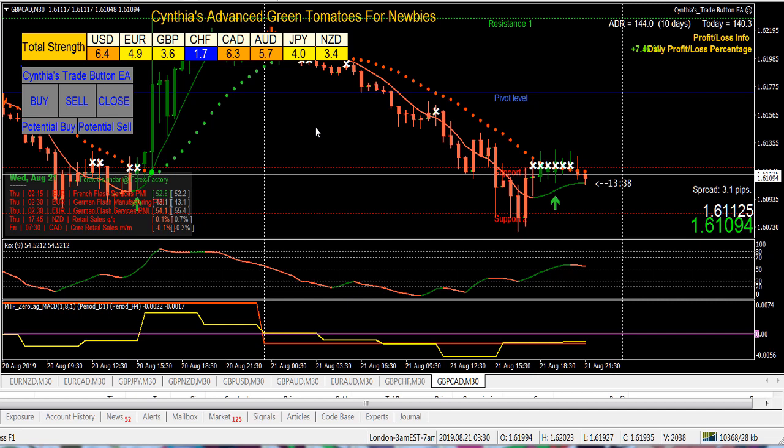Once you have identified a trade opportunity and you've confirmed it with the indicators and with the currency strength meter, the other thing that you would want to confirm is what's happening down here in the multi-timeframe zero lag MACD window. This is the same window that was in the basic system, but with the advanced and the extra advanced system, you get the daily time frame trend line in addition to the 4-hour trend line.